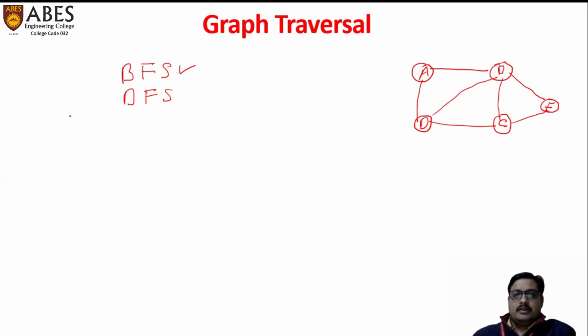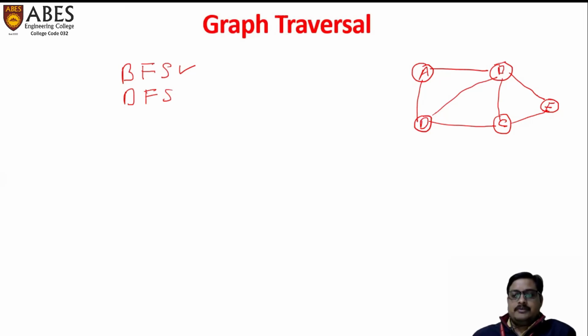So basically, what are the steps involved in BFS? First we'll create a queue, because what we are going to do, first of all, is traverse all the adjacent nodes of the starting vertex, that is, all the neighbors of the starting vertex, and then we will move to the next level.